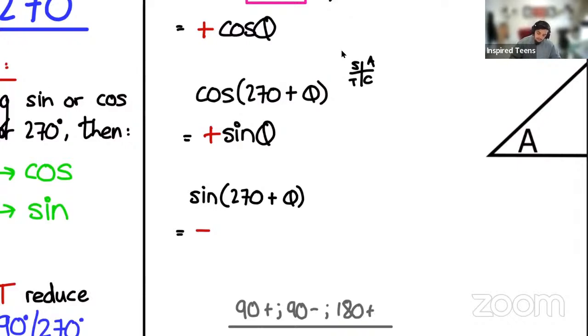And again, then we use the ruling of 90 or 270 to change sine into cos. So again, you don't get confused by 270 plus, thinking cos is positive in 270 plus. We use the first trig ratio to determine the positive or negative.